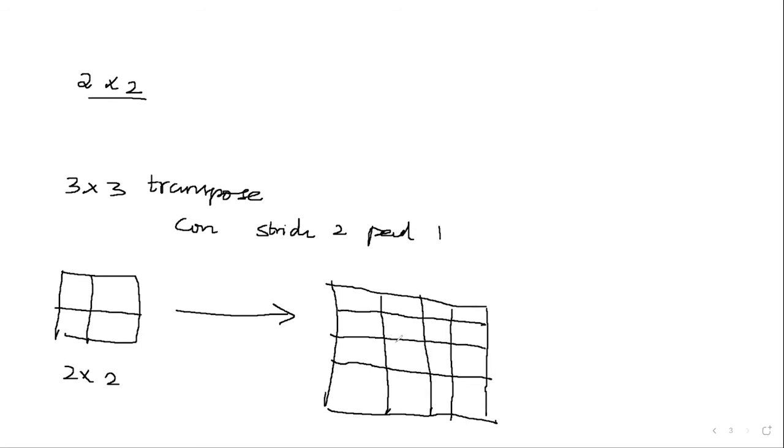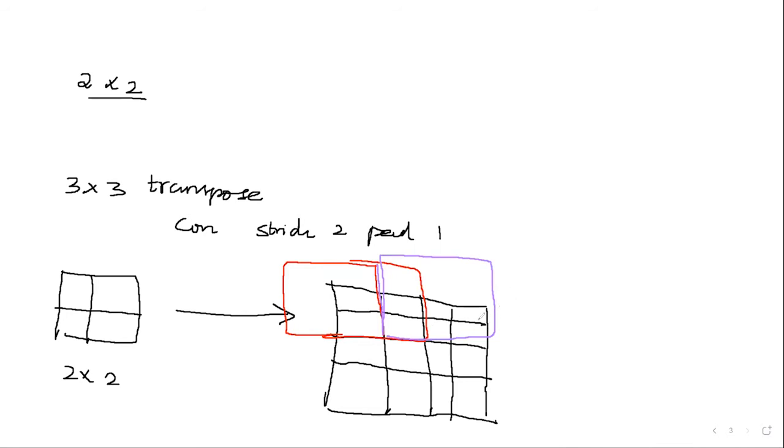What will happen when you say stride 2 and pad 1? This is how it will work. From here to here, not this one. So when you do a 3 cross 3 transpose convolution with stride 2 and pad 1, this is what will happen. Hope it is clear, right?